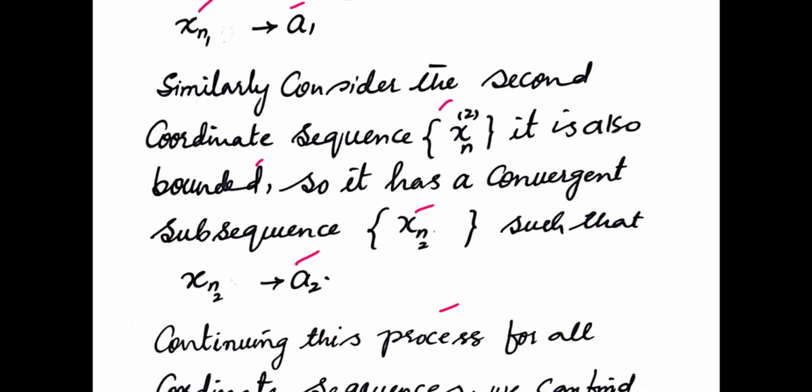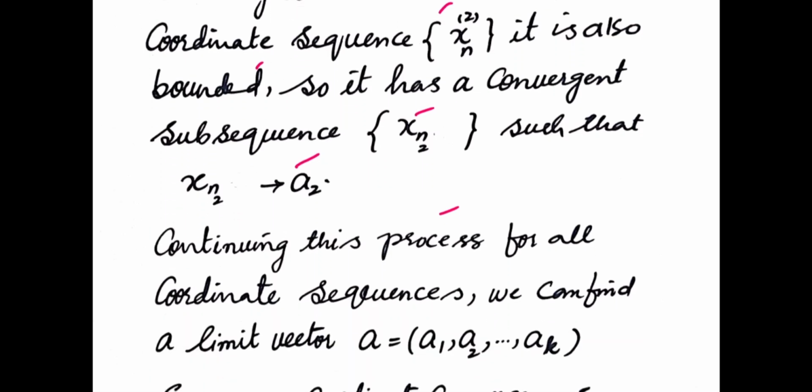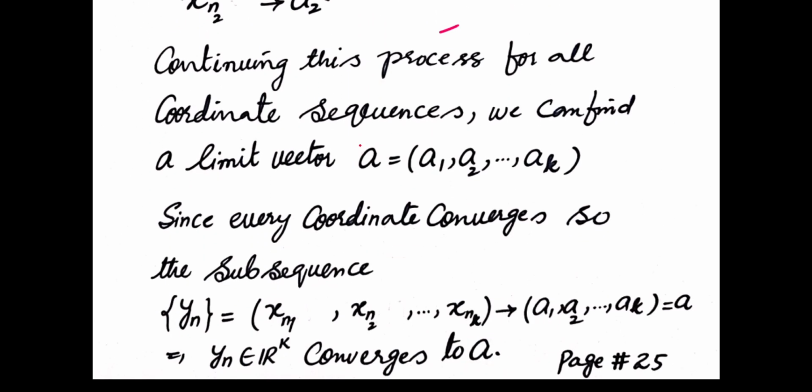Continuing this process for all coordinate sequences, we can find a limit vector denoted by a, which has k coordinates a1, a2 up to ak, such that a1 is the limit of your first subsequence, a2 is the limit of the second subsequence, and ak is the limit of the kth subsequence.